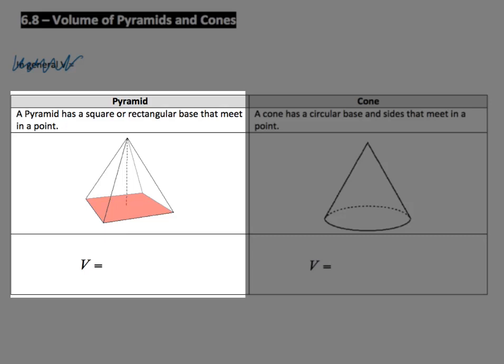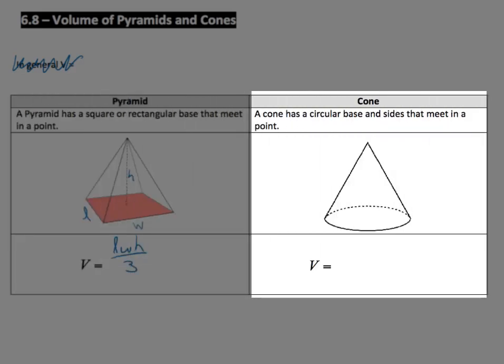There's only one formula for this: length times width times height, all divided by 3. If I were to label this formula, the dashed line would be h, this could be the length here, and this would be the width here, because it's basically just the area of the base times the height, all divided by 3. And you're going to see something really similar with what's coming up next.